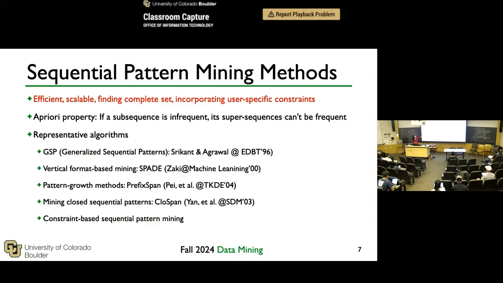Pattern growth is a little bit similar to the FP-growth we have been talking about. Instead of generating candidates, testing, and then removing, you're trying to generate sequential patterns that are guaranteed to be frequent. Closed pattern is another idea.